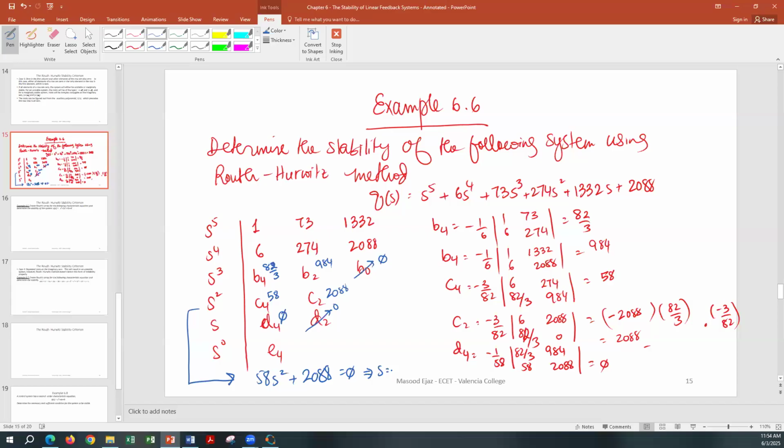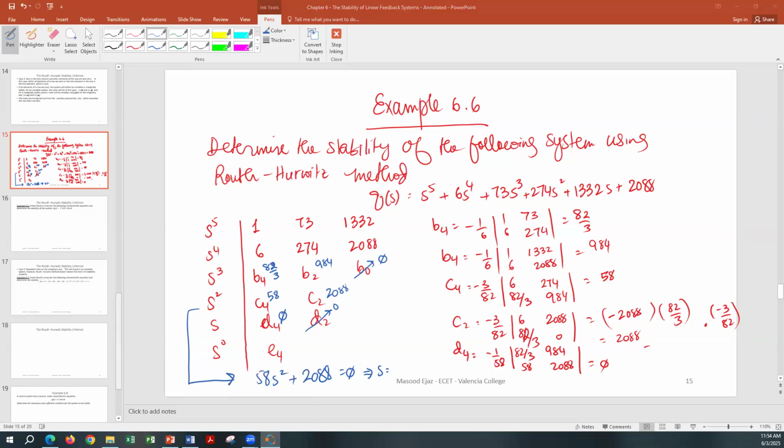If the value of S is a complex conjugate that lies on the y-axis, the system is marginally stable. And if S returns two real values, one positive, one negative, or both positive, then the system is going to be unstable.